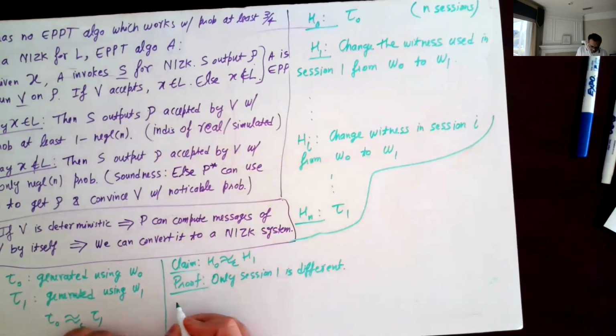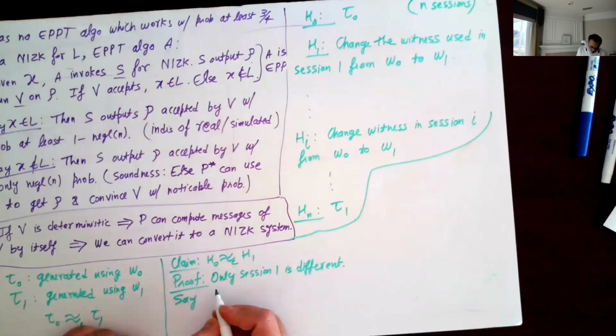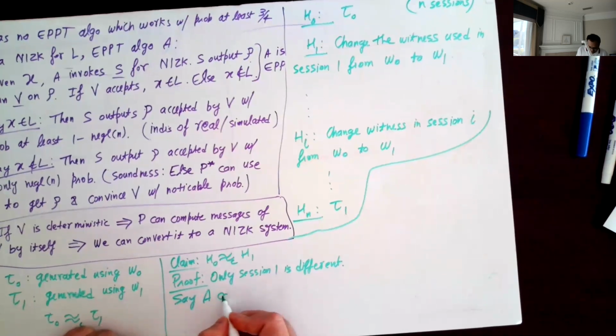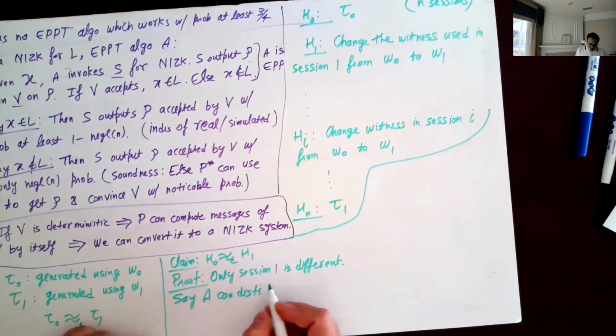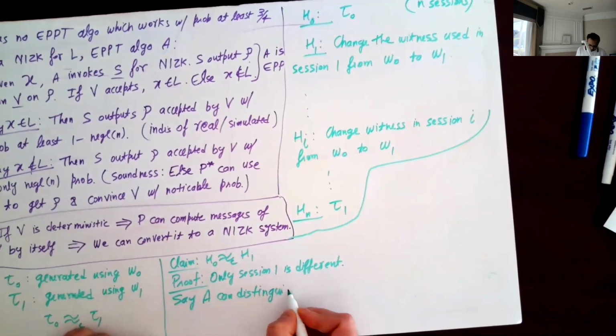Okay, so say there exists a PPT adversary A which can actually distinguish.